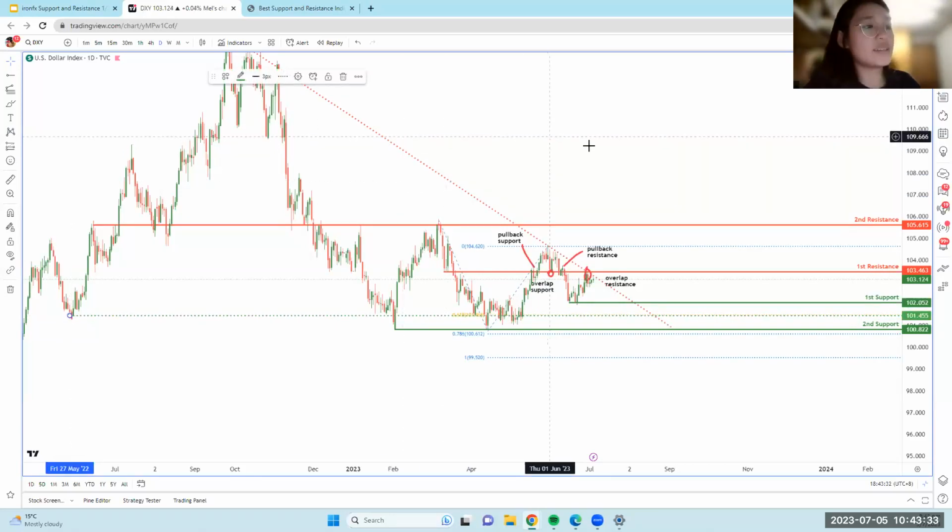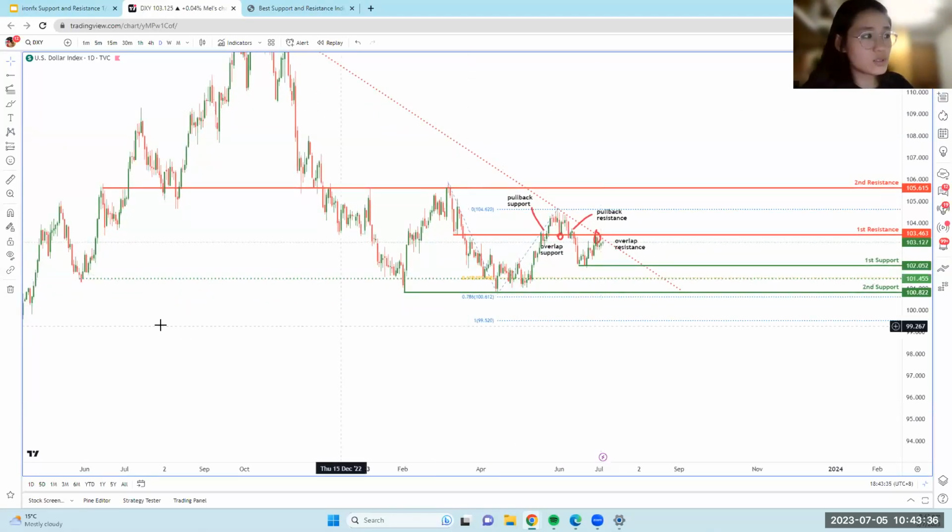Okay, and I'm actually going to highlight this level here at the 61.8 level because we have a swing low here.